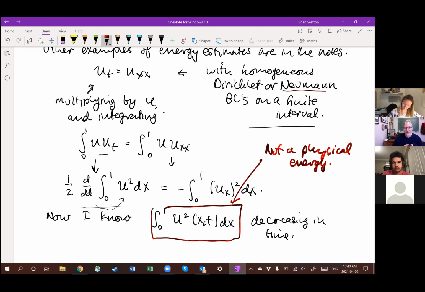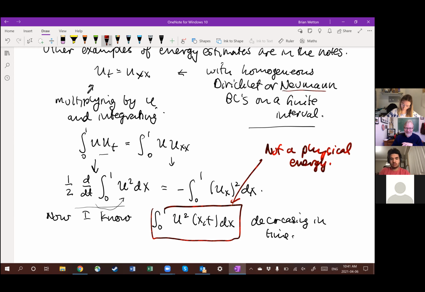And it's not conserved if you've got homogeneous Dirichlet conditions, but you can still make sense of energy conservation in the sense that the amount of thermal energy in the system will be determined by the flux that comes in from the two ends. So this is not a physical energy.